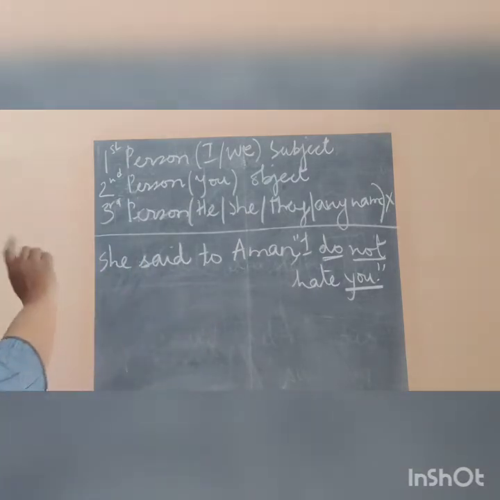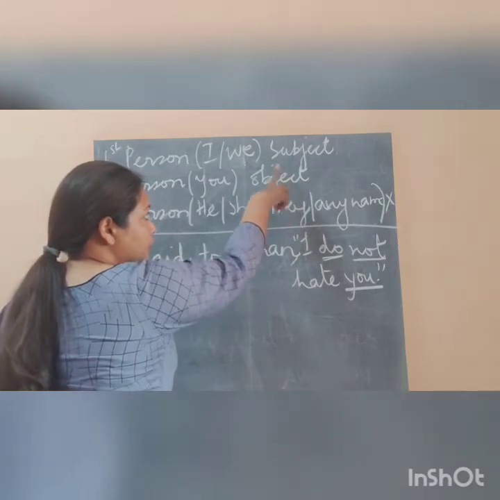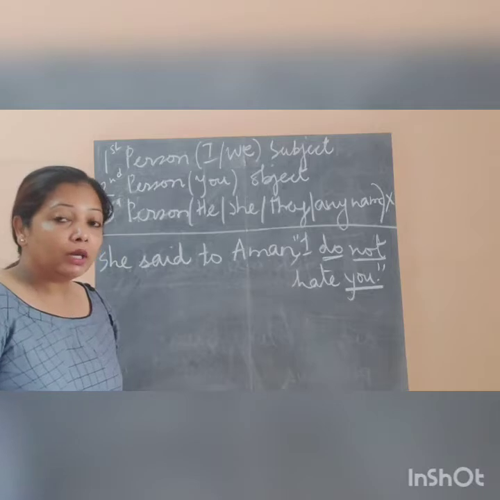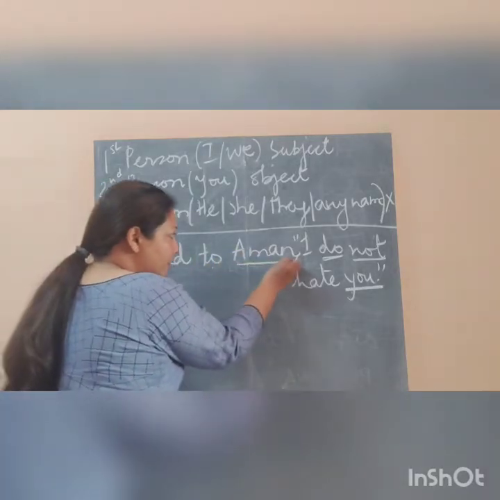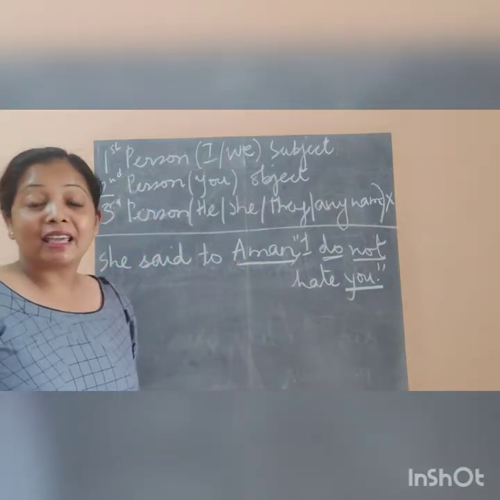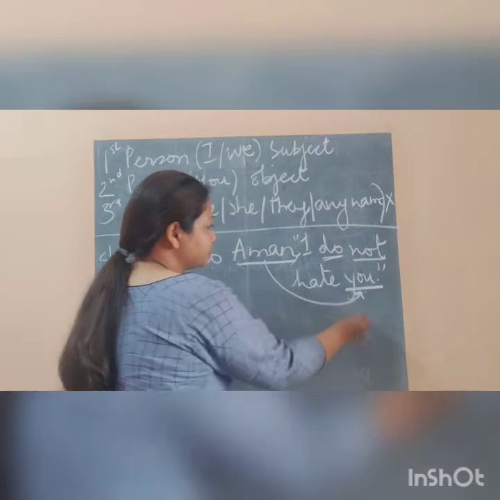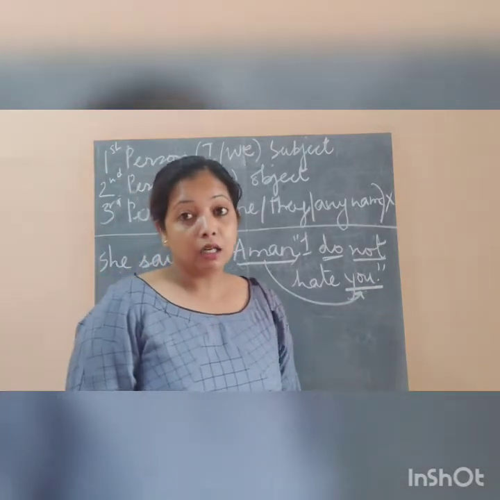That means it is the second person talking here, so it will be changing according to the object. Now in the sentence, she said to Aman, Aman is the second person.